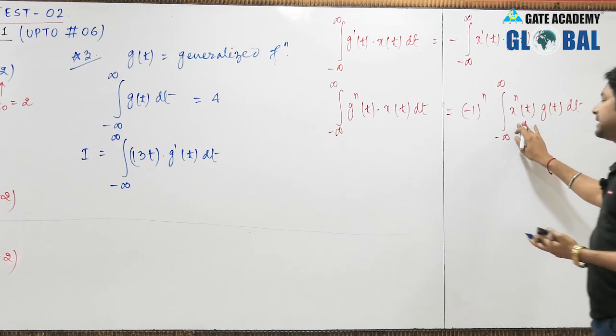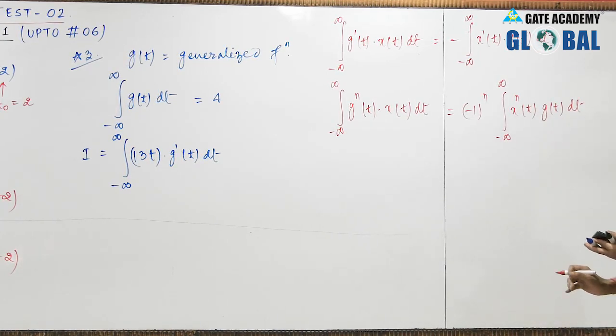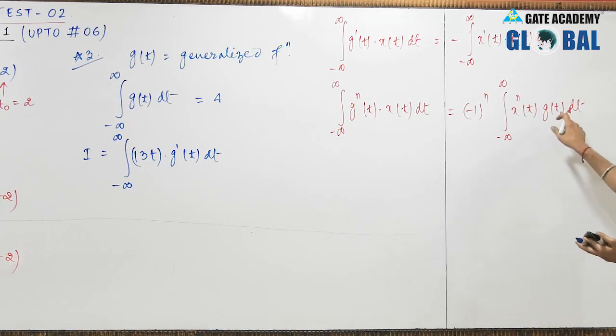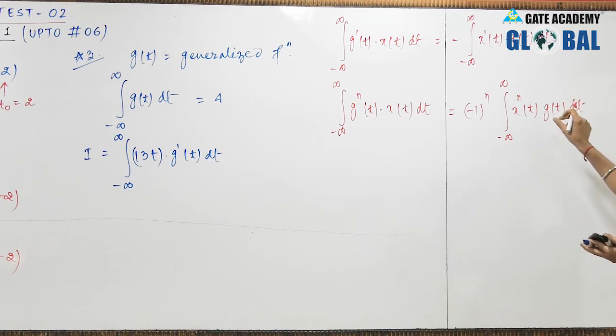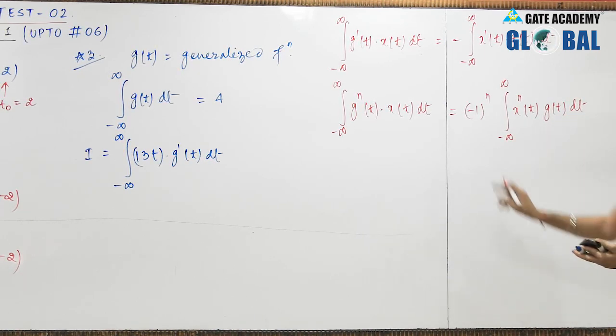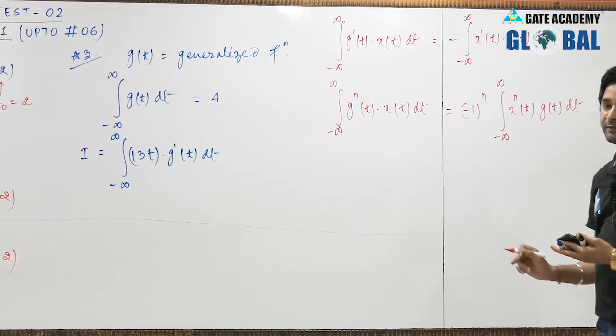That is, you take the nth order derivative of the signal that is continuous at t equals 0, and then take the product of this function with the generalized function. And here minus 1 to the power n will be the term.